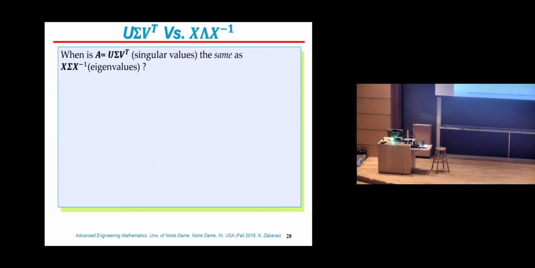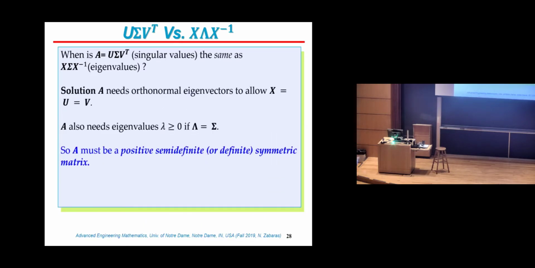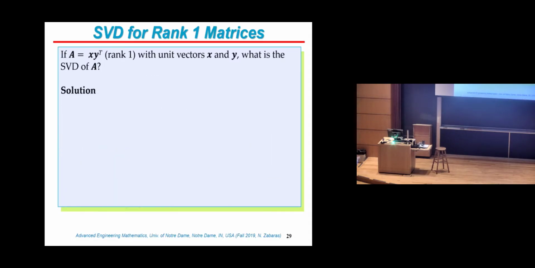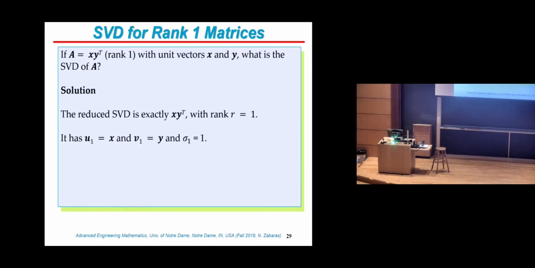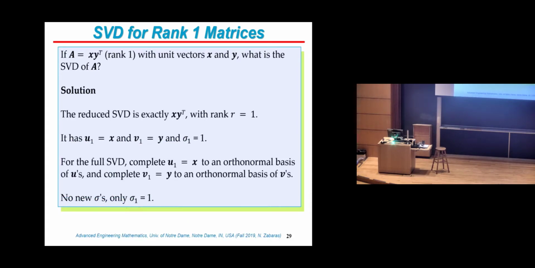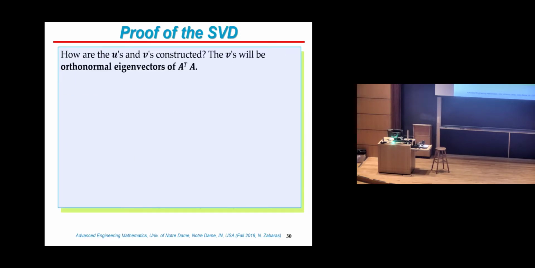Okay. This is an example, actually. Okay, so here's the proof. Let's take A transpose A, all right? You remember we wrote a decomposition of the form A equals U sigma V transpose, and we said we want U and V to be orthogonal matrices.